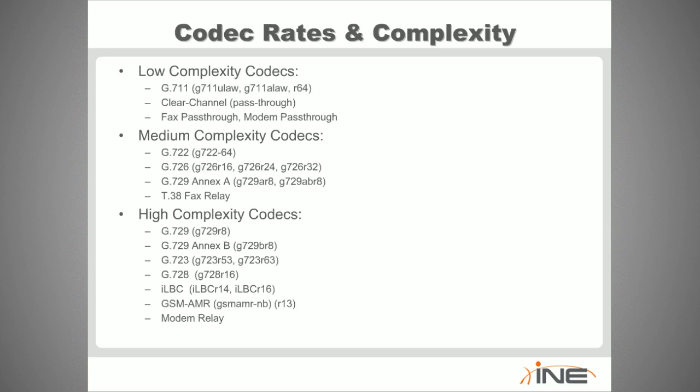But in general, if we're just talking about codecs, we divide things up into complexities. Really, how complex is the algorithm for the digital signal processors, the DSPs, to run, and so therefore how many clock cycles, and more specifically we refer to them as channels.